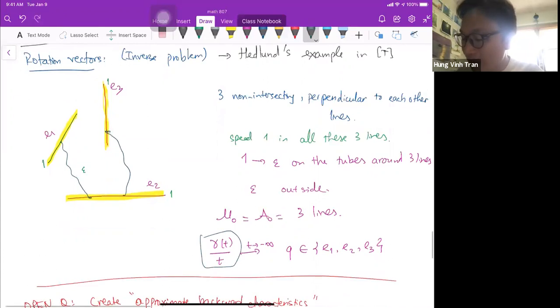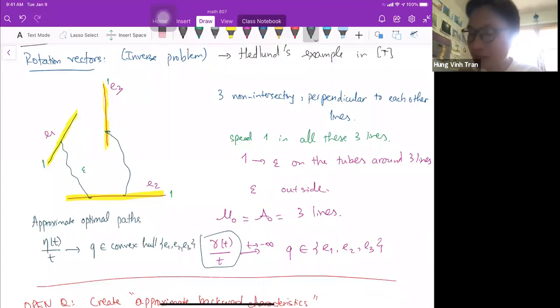And then if I think about approximate backward characteristics or approximate optimal paths, by creating a combination of those in such a way, I can obtain that gamma t over t converges to any vector q that is in the convex hull of E1, E2, E3.